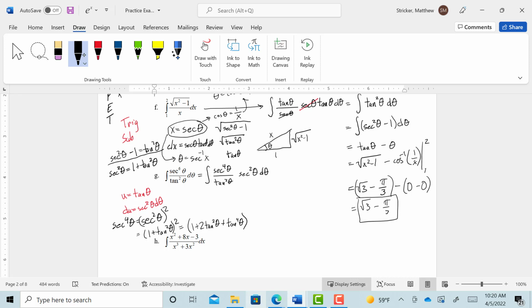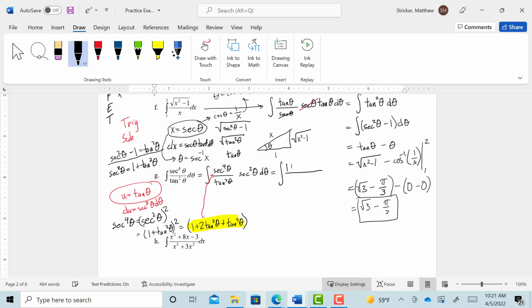All that stuff right there is equivalent to secant to the 4th. And that gets everything in terms of tangent, which is important because our u is tangent. And so instead of secant to the 4th up there, we can rewrite that as 1 plus 2 tangent squared plus tangent to the 4th.